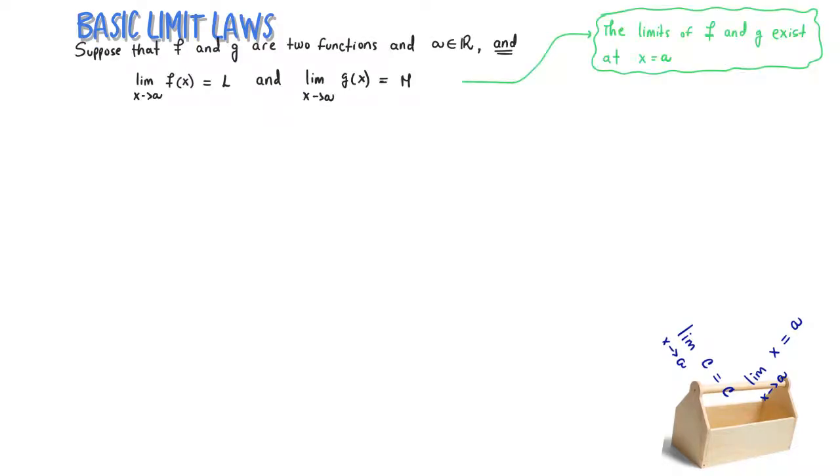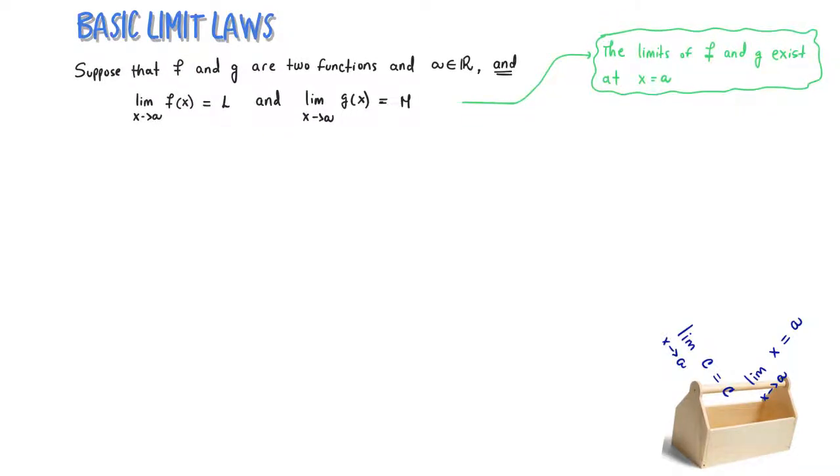As we do that, I want us to make note of the following conditions on two functions, f and g. These are two functions. A is any real number. And these are the main assumptions that we're going to make, very important assumptions. We are going to assume that the limit as x approaches a of f exists and is equal to L. L is a real number.